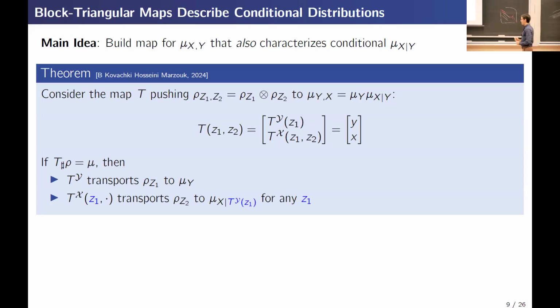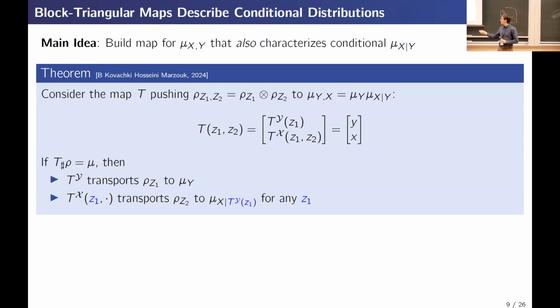And what one can fairly easily show is that if T pushes forward rho to mu, then Ty will push forward the first part of the reference, rho of Z1, to the marginal of the data mu of Y. And the second part of the map, Tx, will push forward rho of Z2 for each Z1 to the conditional, the remaining part of the target, mu of X given Y. And we discussed yesterday how what this second component conditions on is related to the first component.